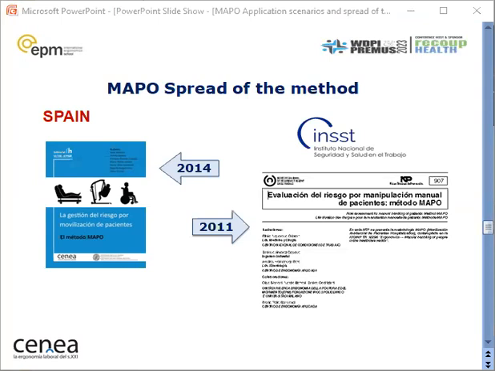And thanks to the Spino Group and its work in disseminating the method, MAPO is now the assessment tool recommended by the National Institute for Safety and Health at Work in Spain for carrying out the risk assessment for patient handling tasks. Furthermore, a handbook has also been published in Spanish, and several studies have been carried out, which will be presented later in this workshop by my colleague Sonia Taylor.